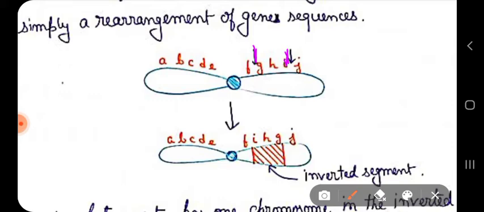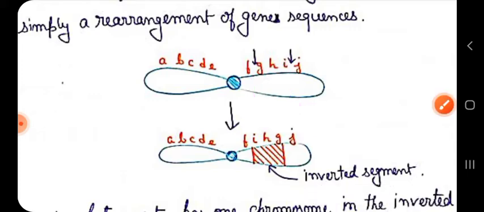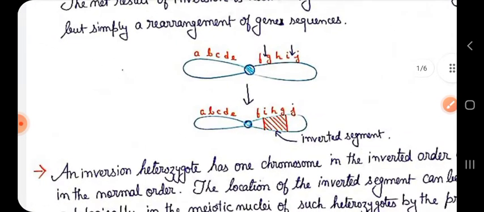So two breaks occur, and that fragment which contains G, H, I rotates 180 degrees and looks like this. It becomes now I, H, G. That part is your inverted segment. So in this way your inversion occurs. Now how it is possible you will see later in this video.